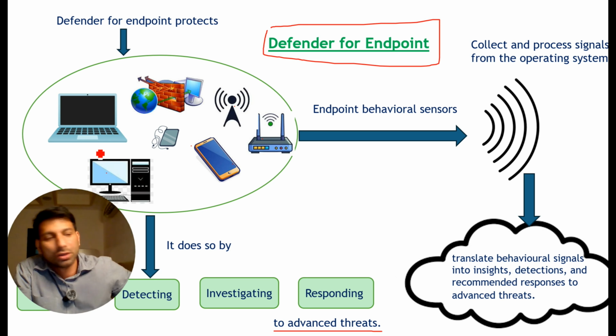It translates behavioral signals into insights, and detects and recommends responses to advanced threats. Sensors collect those signals and send them to the Defender security portal. In the security portal, on the basis of those signals, it detects, recommends, and responds to the advanced threats. That is how Defender for Endpoint helps you protect your environment.